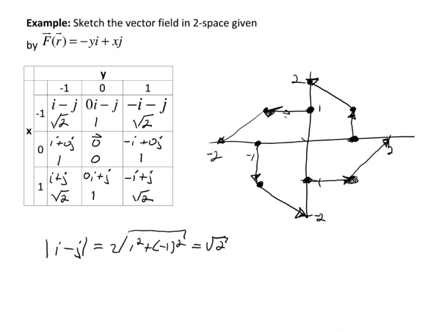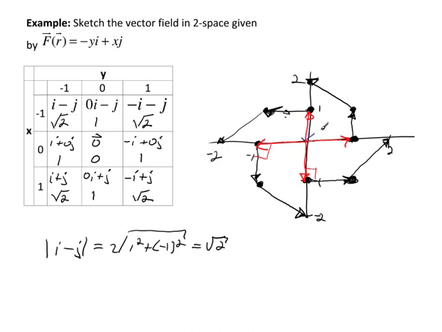Now, when I'm looking at this, I want to think about this for a second. If I start coming out here and saying, hey, what if I start drawing vectors out that have length 1? Here's a length 1. Here's a length 1. Here's a length 1. Here's a length 1. What it appears is that every one of these vectors are orthogonal. What happens now if I take a look at all the vectors that have length 2?